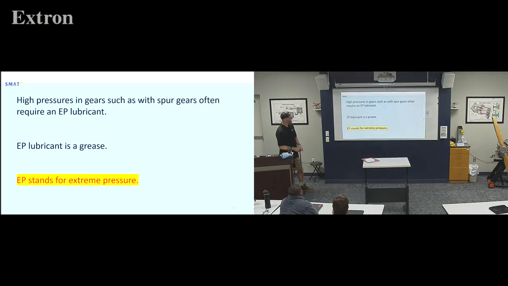So EP stands for extreme pressure. So an EP lubricant, we're in lubricants class, think grease, right? Now, you're going to have EP lubricants that range somewhere between a grease and a very, very high viscosity oil, depending on where you're at. But kind of think grease. We're going to use those EP lubricants usually in our geared areas.